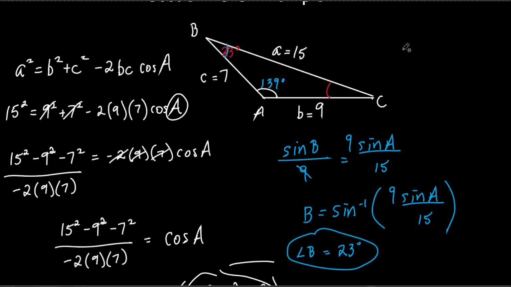Now it's simple math. And I'm not just saying that, right? It really is. So what's my math? 180 minus 139 minus 23. And that's going to give you 18. So angle C is 18 degrees. And that's it. That's how you solve the triangle.